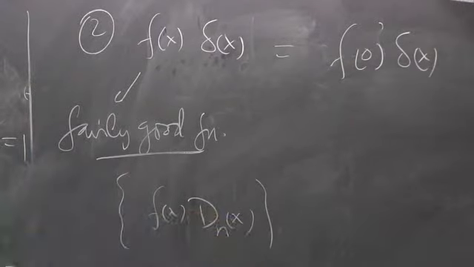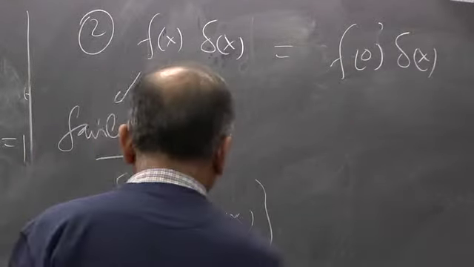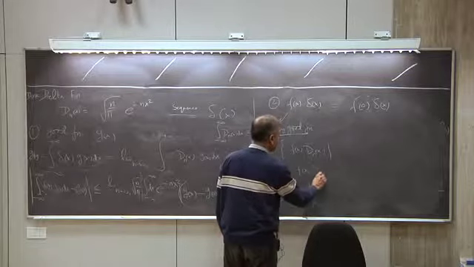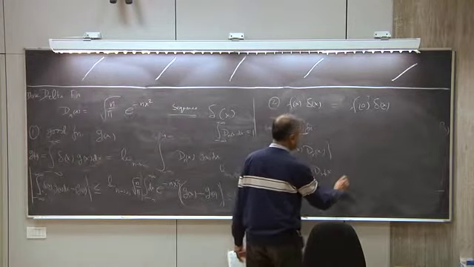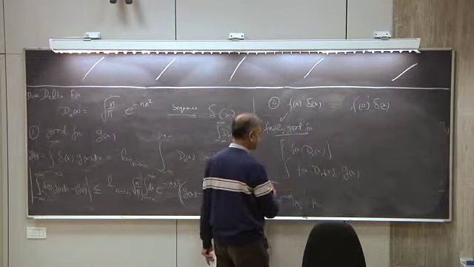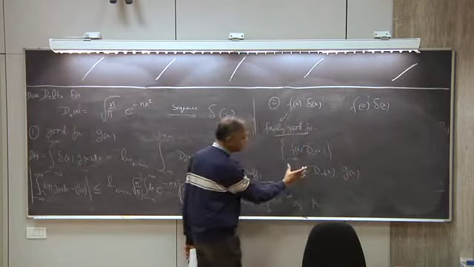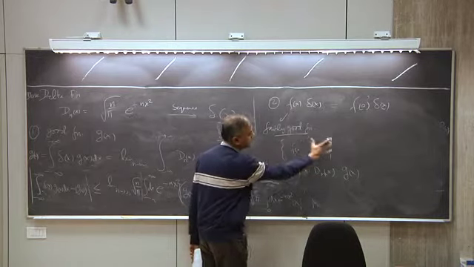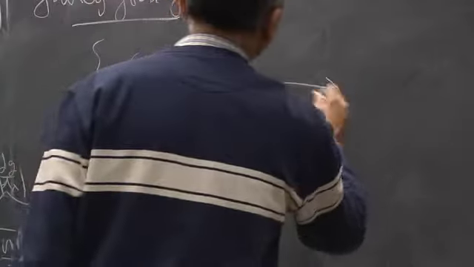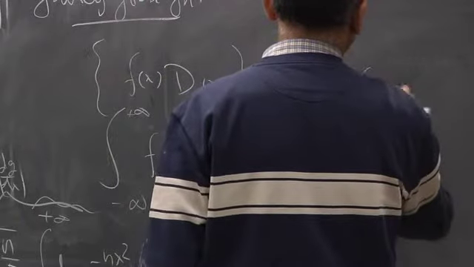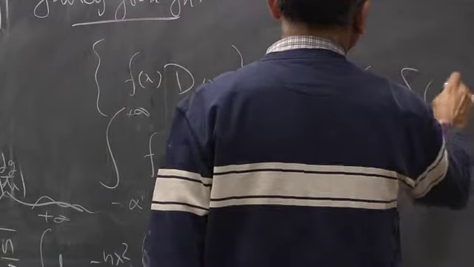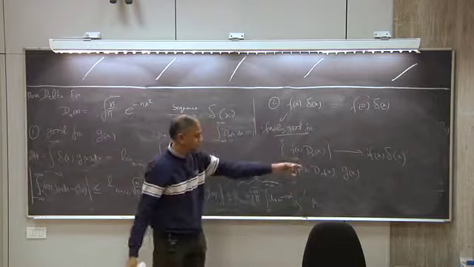So this is again a sequence, and let's consider now the integral of f of x dnx g of x. So we're looking at this sequence. This will define to me the generalized function f of x delta x, right? So now let us see what is the value of that.